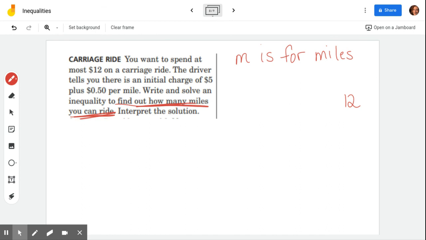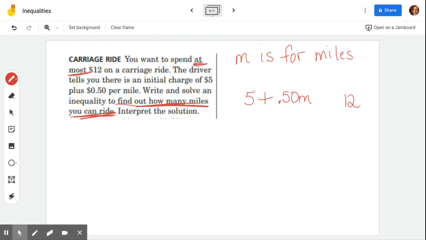On the left is where I put like the problem part of it. There's an initial or beginning charge of $5. So you have to pay $5 no matter what. And then you're paying more on top of that. So plus 50 cents per mile. That means 50 cents times every mile. So 0.50, I'm using M for miles, so 0.50 M. Now to figure out what symbol goes in here, it says at most.